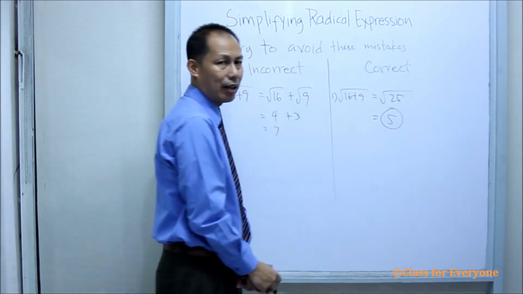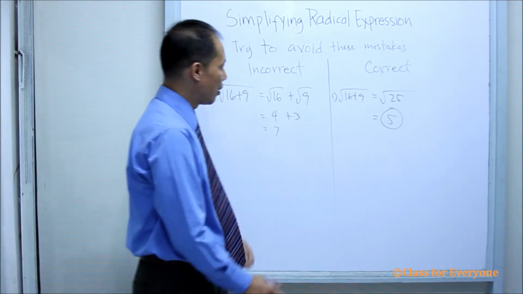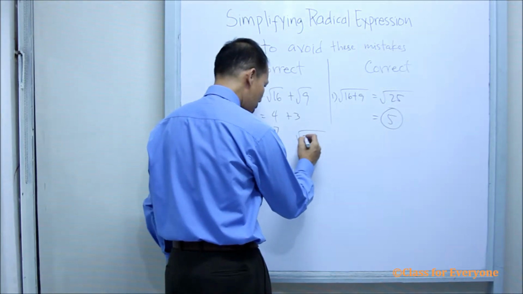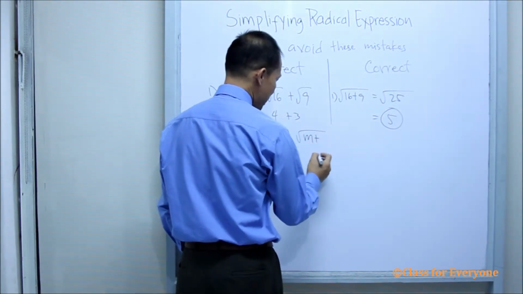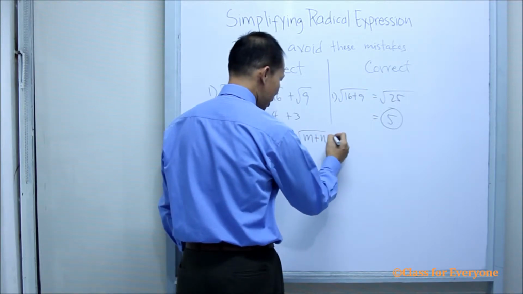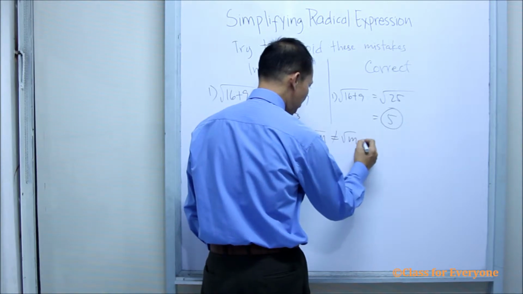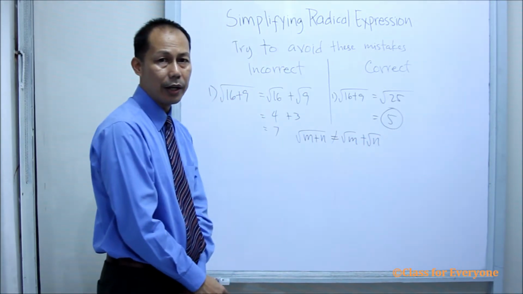And that is the correct answer. It is simply because the square root of m plus n is not equal to the square root of m plus the square root of n.